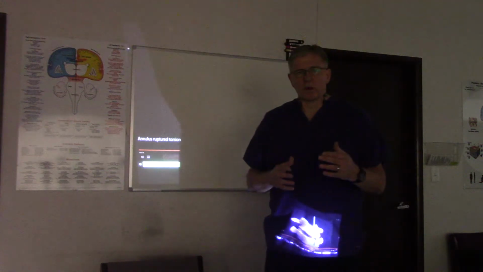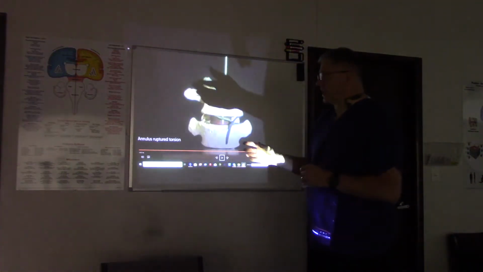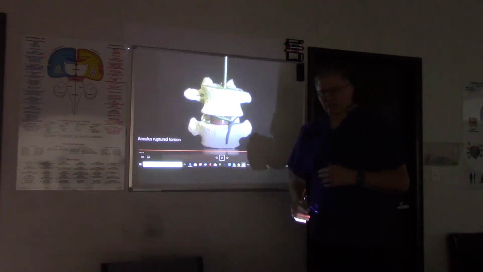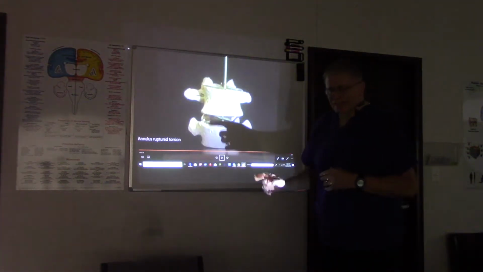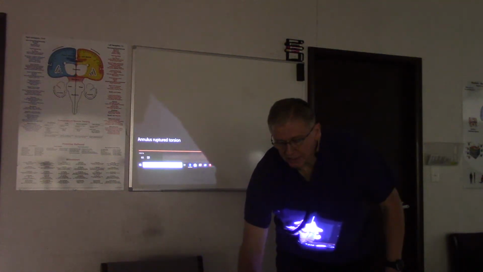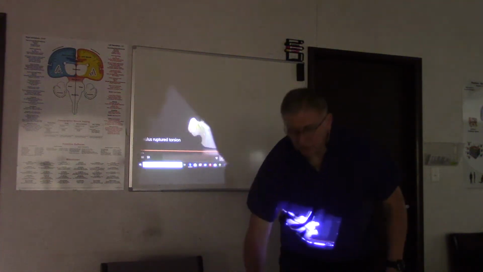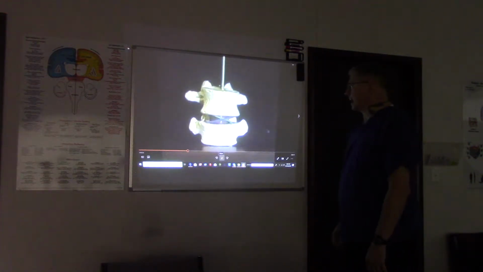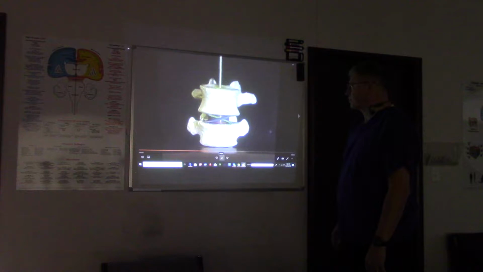So what we're going to show first is an example, a model of an annular tear and what it takes to tear the annulus fibrosus. You're going to watch the video as it shows the stress that must happen in order to create an annular tear.